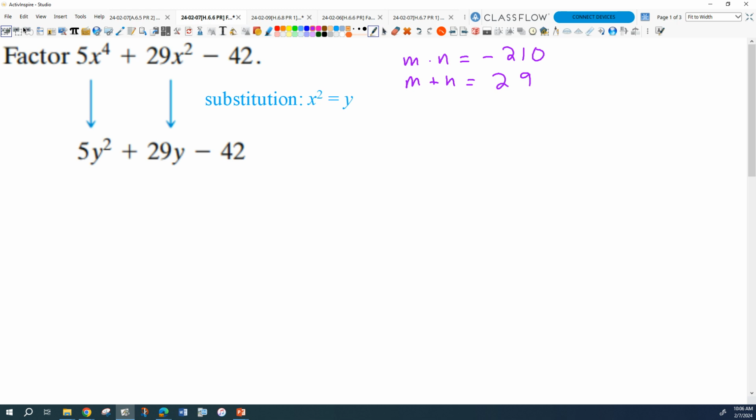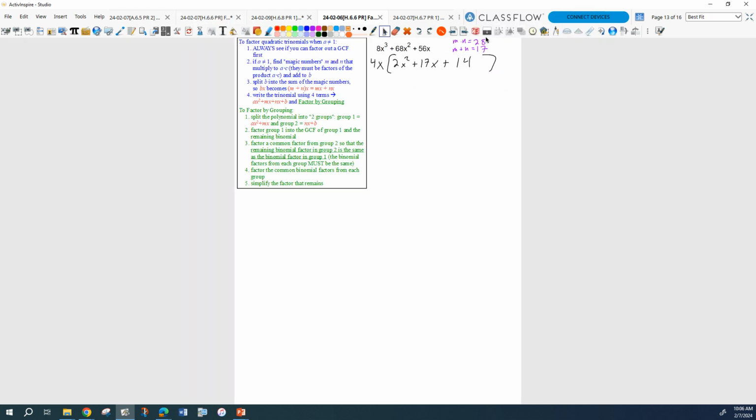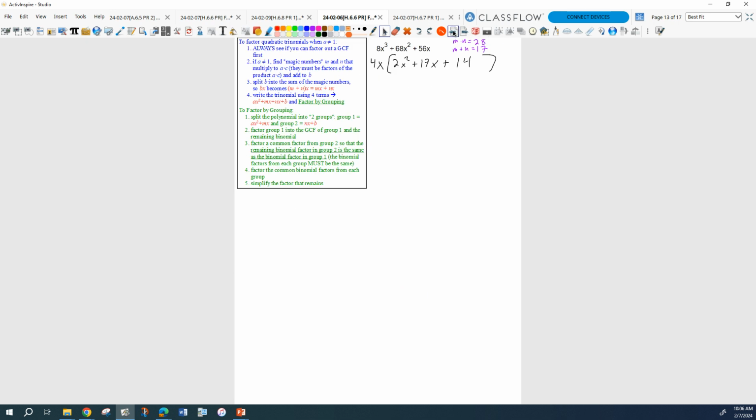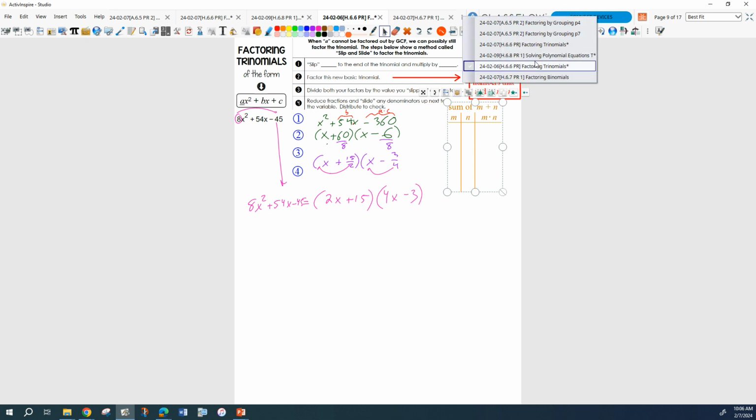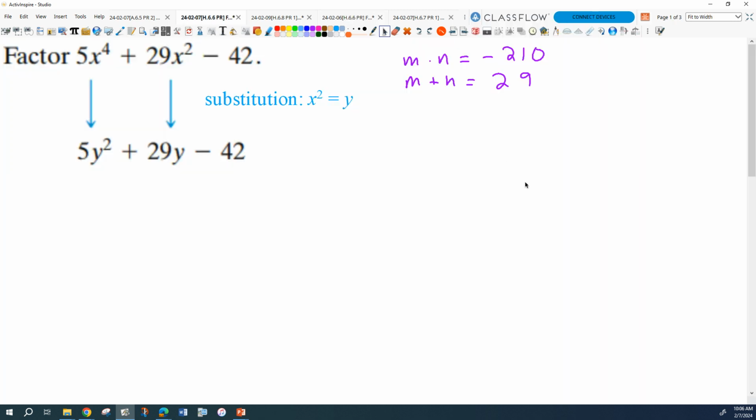Let's see, where would I find that? Right, so we want one of these tables.